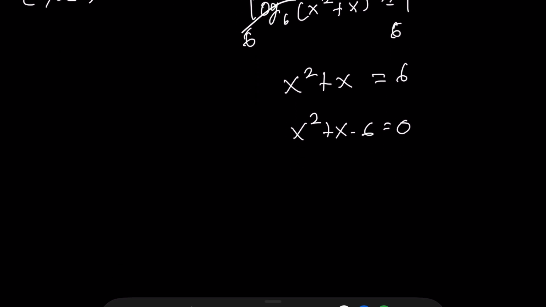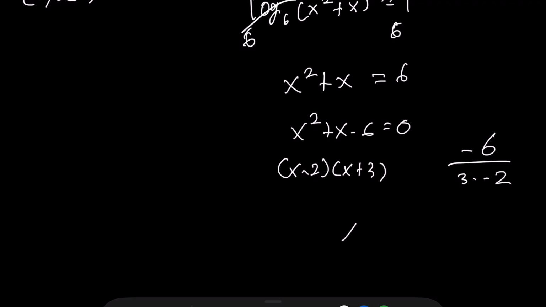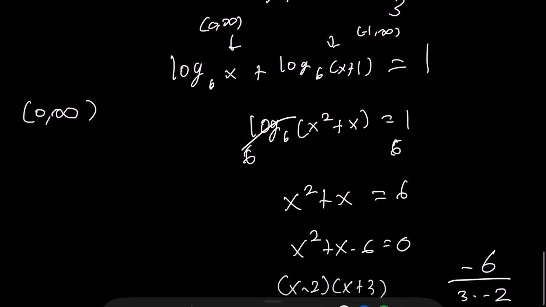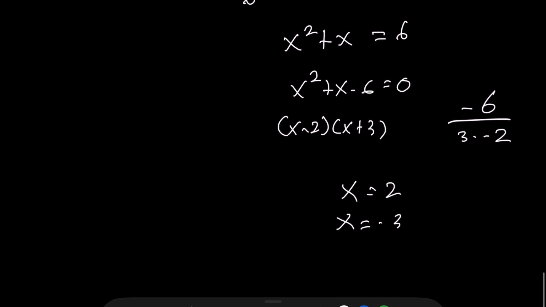We're going to factor two numbers that multiply to -6. So in other words, x is equal to 2, and x is equal to -3. However, like I said earlier, we have to check the domain. Our numbers cannot be less than 0, and they can't be 0 as well. So -3 is off the table. Our only correct answer is x equals 2.